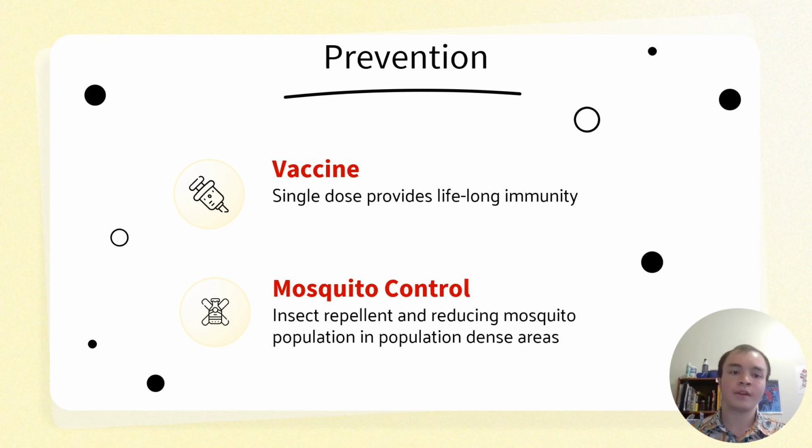Due to the high risk of severe symptoms of jaundice, organ failure, and GI tract bleeding, it is very important to prevent yourself from getting yellow fever by getting the vaccine, which is just a single dose that will provide lifelong immunity, as well as mosquito control, where you just make sure that you don't get bitten by mosquitoes, as mosquitoes are pretty much the only known vector that would transmit the yellow fever virus to people.